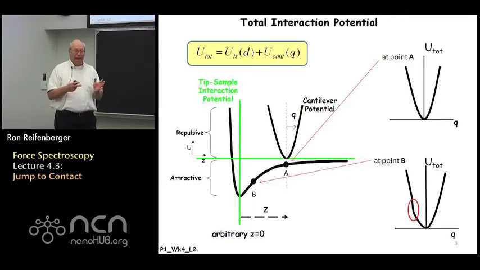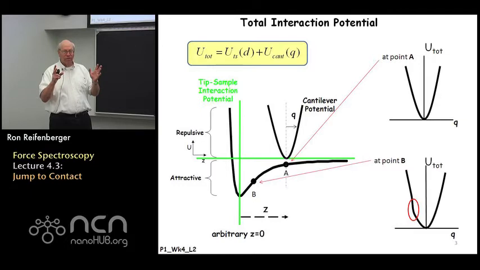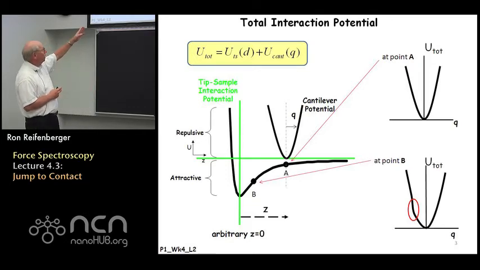Now, in addition to that, there's the interaction potential. Now, this is not the force, this is the interaction potential energy that the tip experiences as it interacts with the substrate. And that interaction potential energy is indicated by the solid black line that goes either negative or positive about the U equals 0 axis.